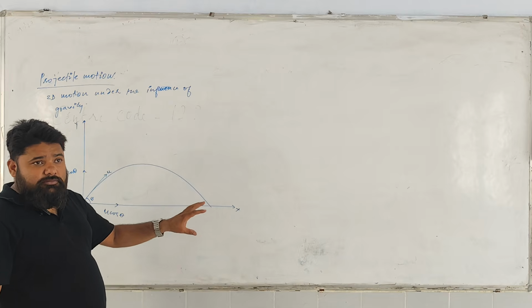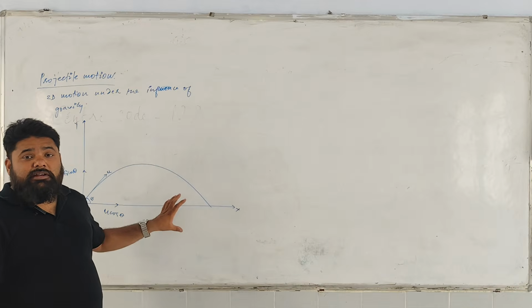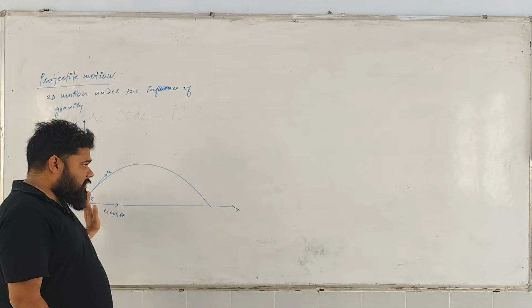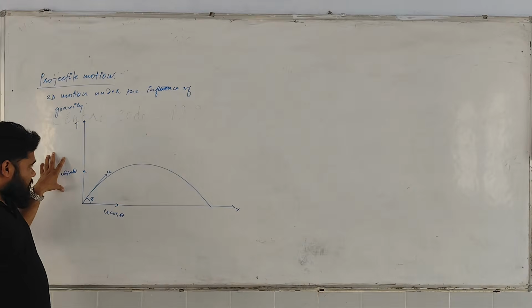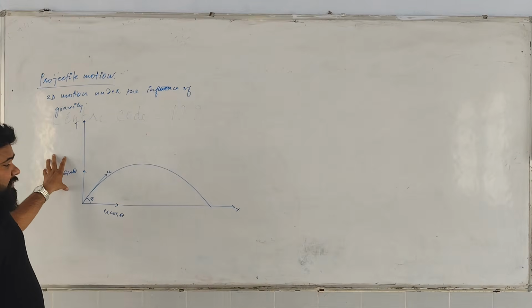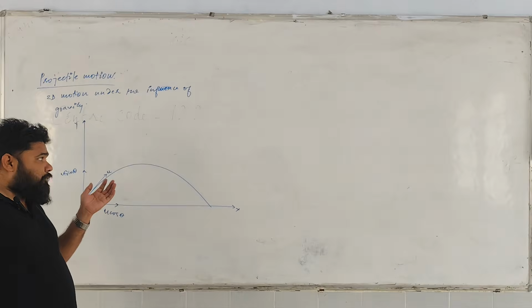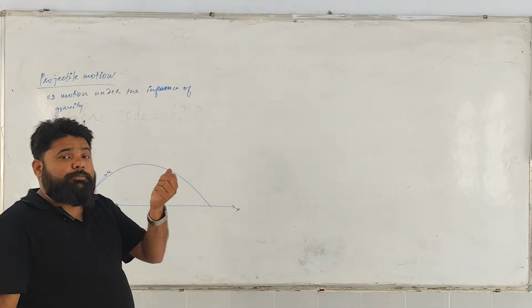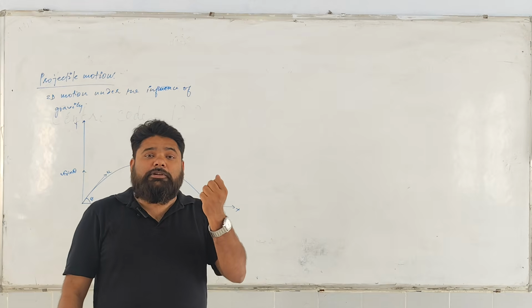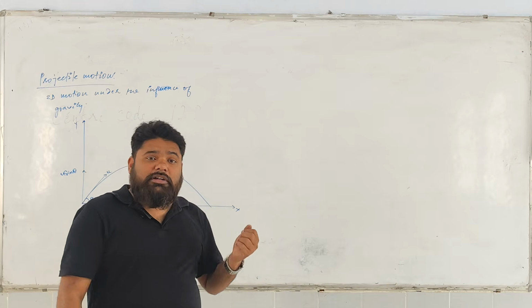That means the motion along the x-axis is uniform. Along the y-axis, the vertical component u sin theta acts in the vertically upward direction, while at the same time gravity pulls the object back in the vertically downward direction, so the vertical component decreases with time.